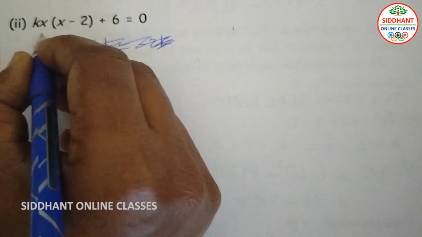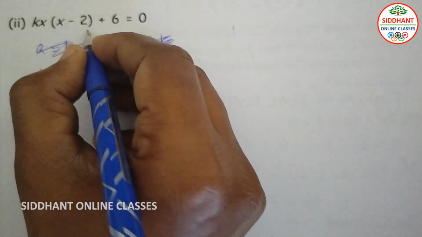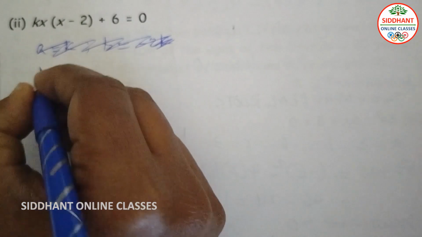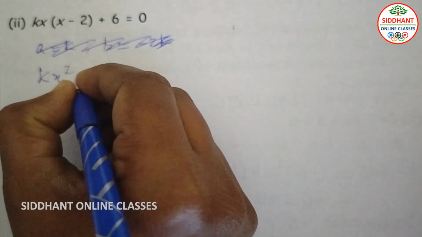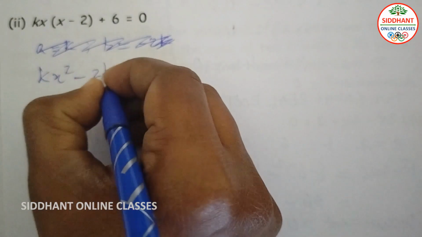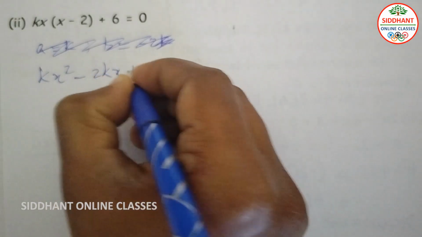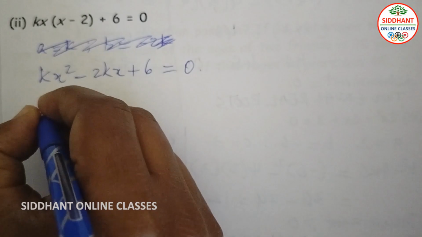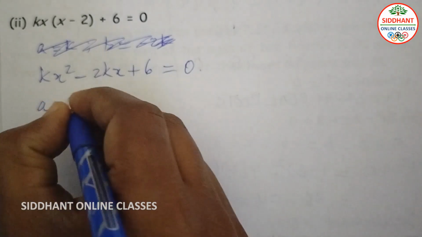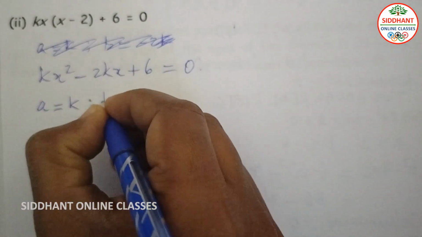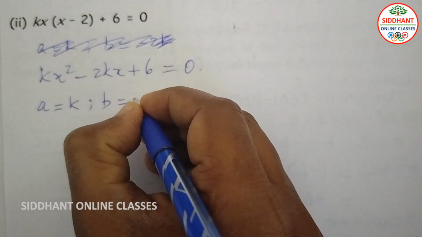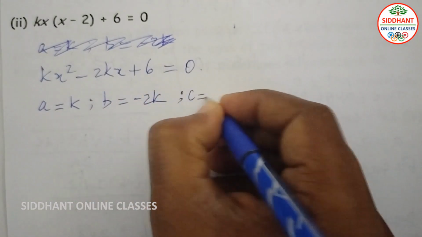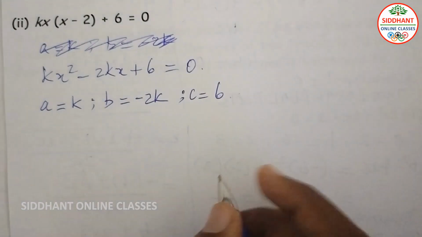Second one, kx(x − 2) + 6 = 0. So expanding the equation, kx² − 2kx + 6 = 0. So a = k here, b = −2k, c = 6 here.